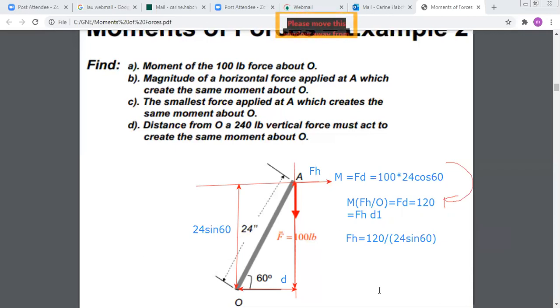Now, the second step: find the smallest force applied at A which will create the same moment about O. Who will tell me what we should do here? We want to find the smallest force that can be applied at A in order to produce the same moment about O. Any idea?